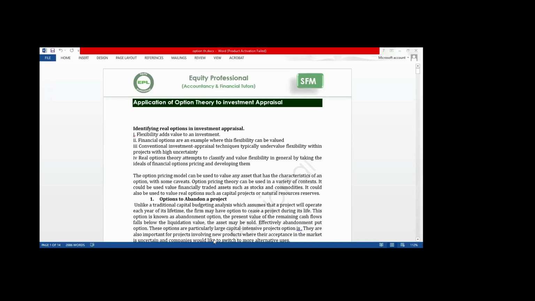And usually we use the net present value. We use the net present value to assess if the investment is financially viable or not.